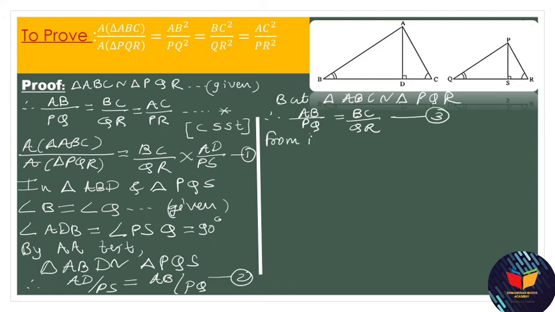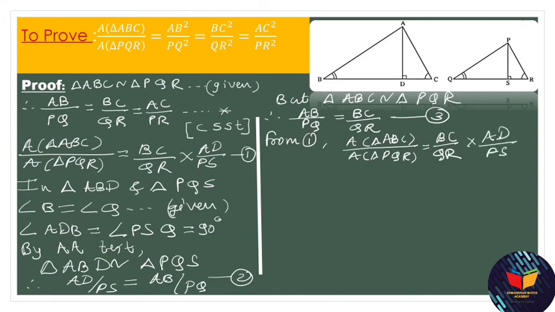What we have from equation 1? Here it is, area of triangle ABC upon area of triangle PQR is equal to BC upon QR into AD upon PS.